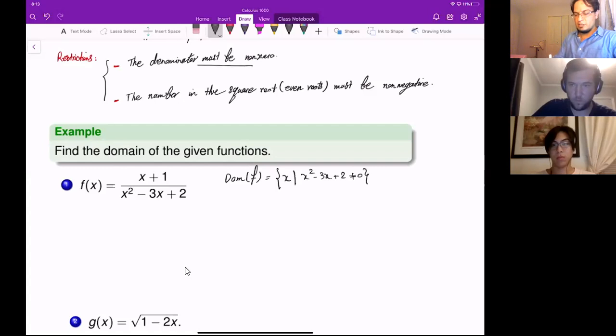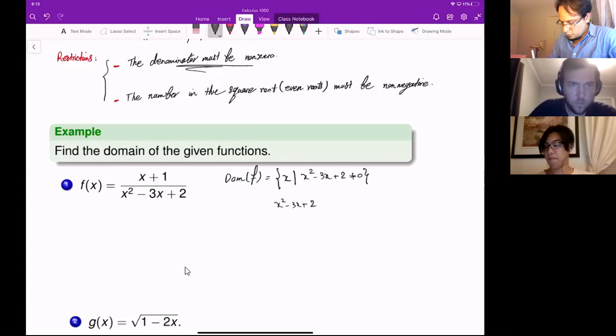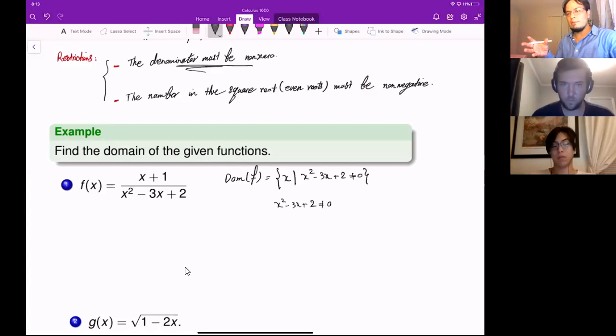That's the first restriction. The denominator must be non-zero. Well, what kind of x's will that give me? So x squared minus 3x plus 2 not equal to 0. You can solve inequations exactly the same as equalities.